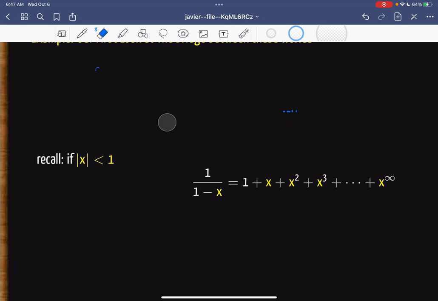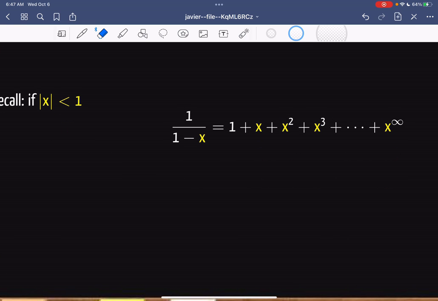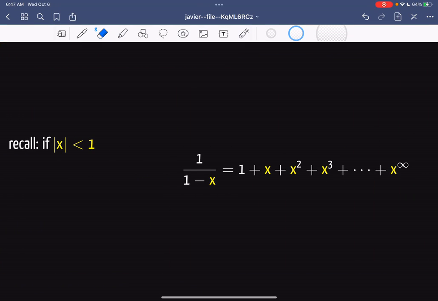So, we talked about this last lecture. For me, it's yesterday. We have this convergence, and we want to exploit this to see if we can get other amazing connections between functions and polynomials. So the first thing you've got to do is shake loose the idea that this only works when you have x.